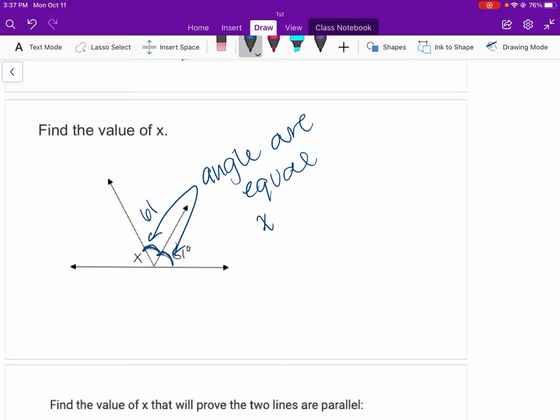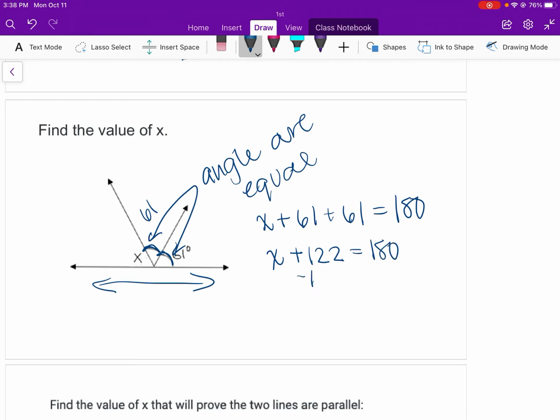So what we get is x plus 61 plus 61 is equal to a line, which we know to be 180. So 61 plus 61 is 122, so x plus 122 equals 180. Subtract 122 from both sides, and I get that x is equal to 58 degrees.